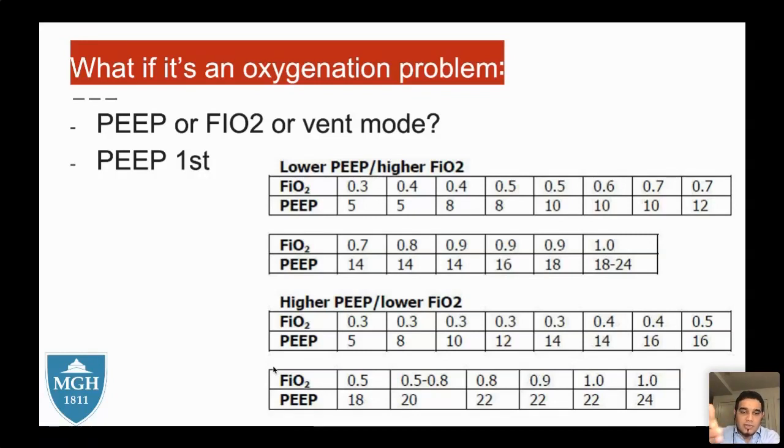Per the studies and reports that we have so far, the COVID patients with acute respiratory distress syndrome simulate a pulmonary edema kind of scenario. That's why they really love to have them on a higher PEEP, low FiO2, which is the lower half of the schedule I'm showing here. So follow that one.